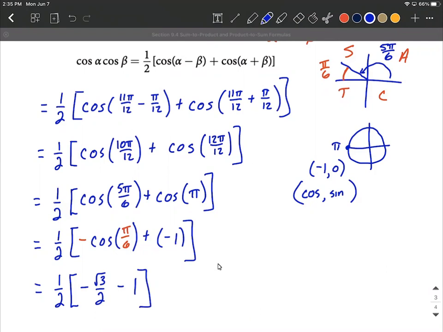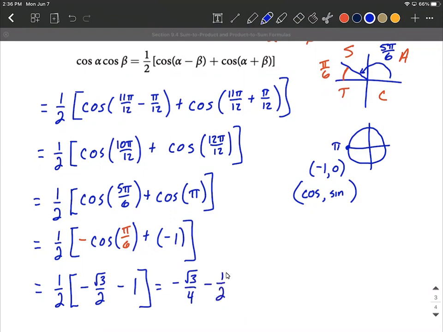And then to complete this, we can do a little bit more as far as reducing down. This 1/2 on the outside, I'm going to go ahead and distribute that to clear out the big set of brackets. So we get negative square root of 3 over 4 minus 1/2.